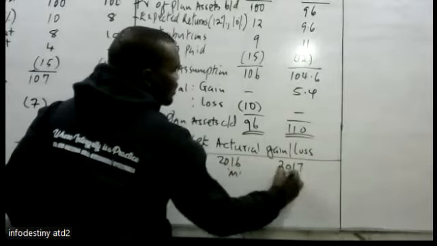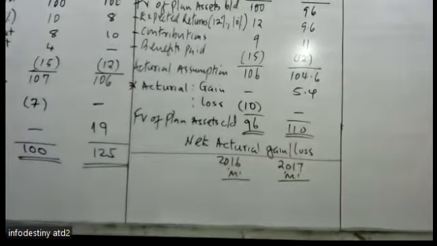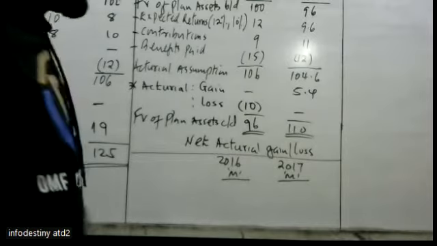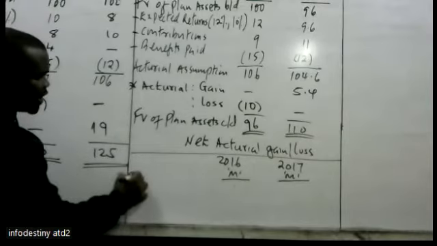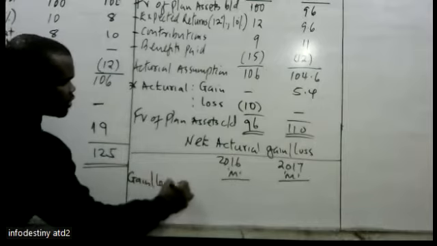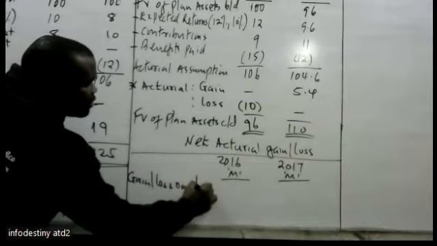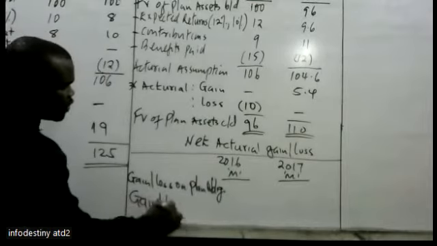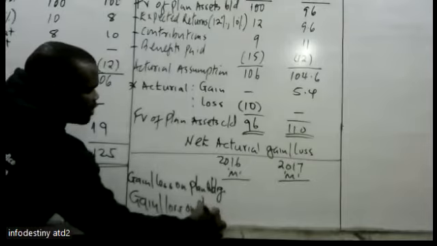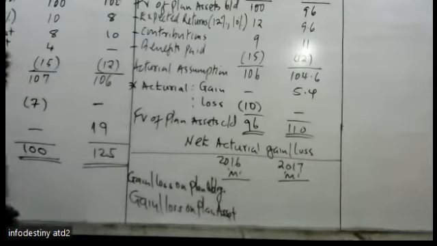Shillings are in millions. So for obligations, you say gain or loss on plan obligation. Then gain or loss on plan assets. Like that.